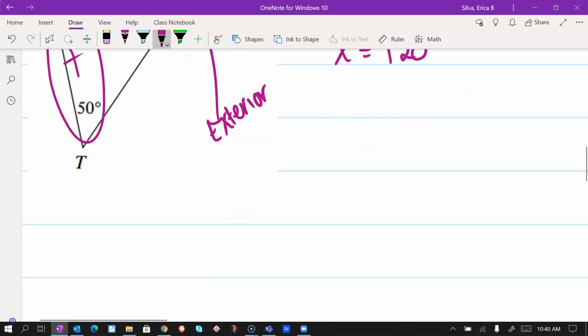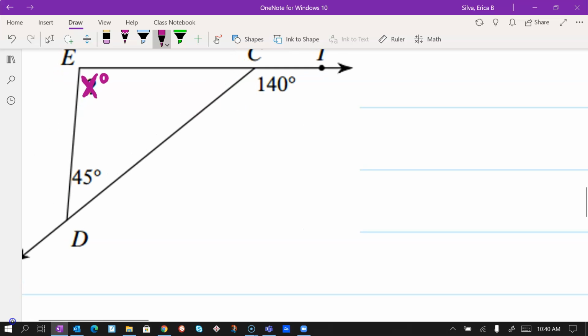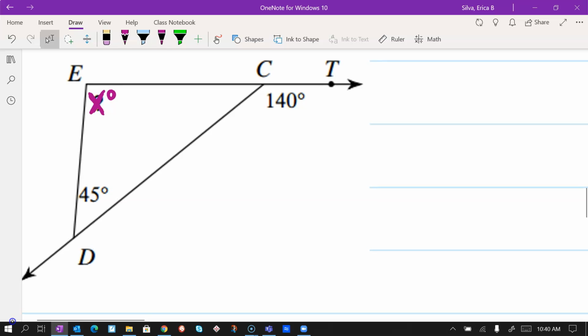All right, let's try the next one. And let's replace this question mark with x degrees. And on this one, notice we have two exterior angles. We have this one and we have this one. All right, so first we label my exterior angle.